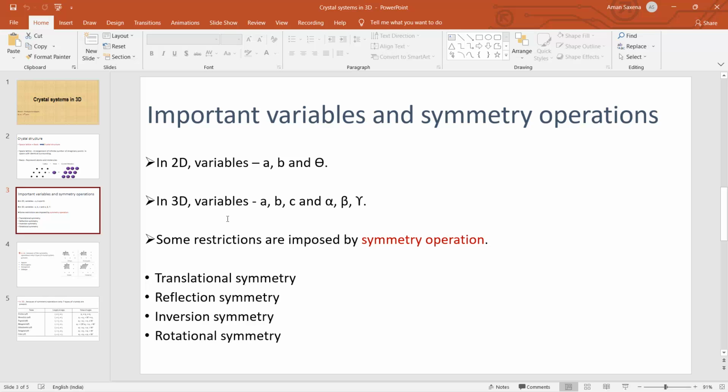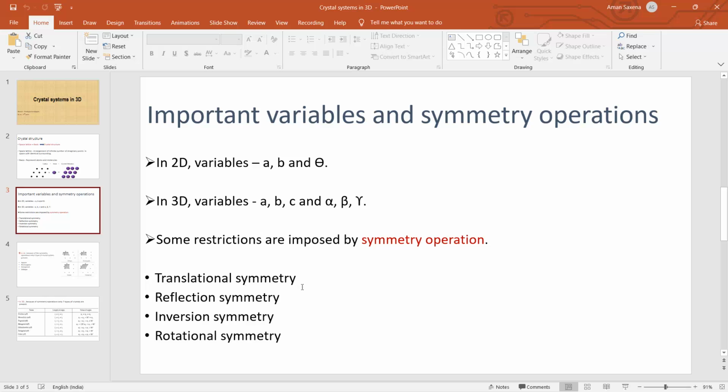There is also a restriction, because with these variables we could generate an infinite number of crystal systems if there were no restriction. But it does not happen that there is an infinite number of crystal structures. Some symmetry operations restrict the number of crystals.